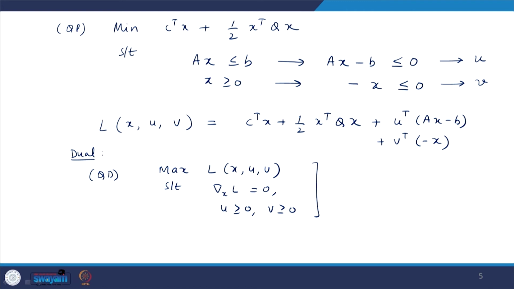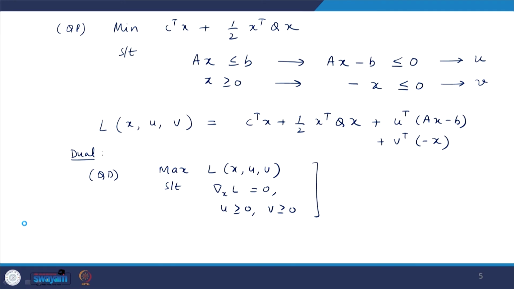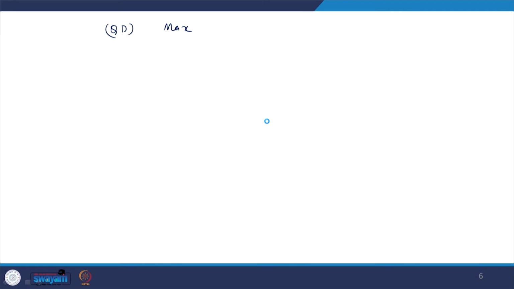So, now let us rewrite this problem. What will be QD now? It will be maximization of C transpose x plus 1 by 2 x transpose Q x plus u transpose (A x minus b) minus v transpose x, subject to what conditions?